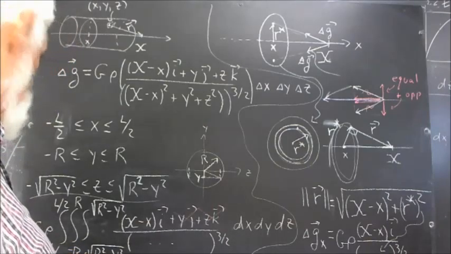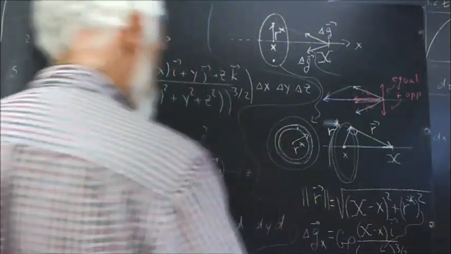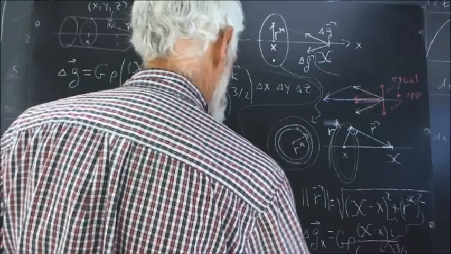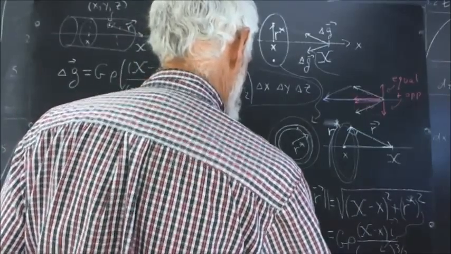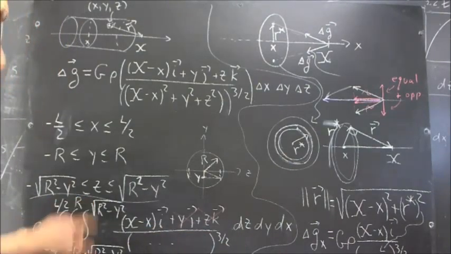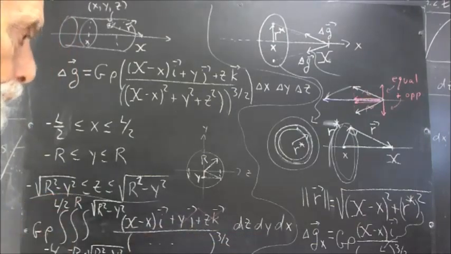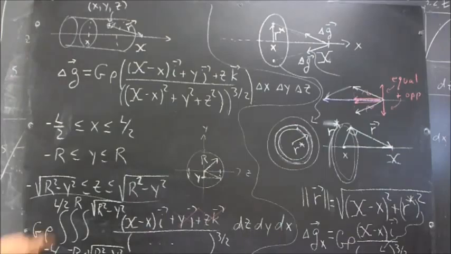I'm going to fix that. Okay, we first integrate with respect to z from the limits on z, then with respect to y, between the limits on y, then with respect to x, between the limits on x. We integrate the expression that we have here.